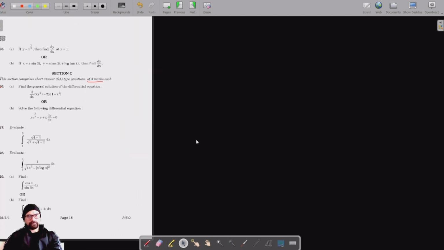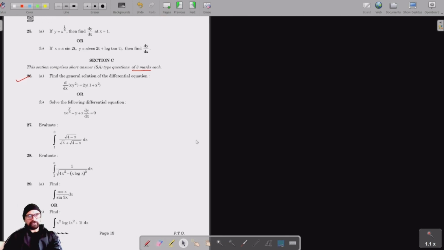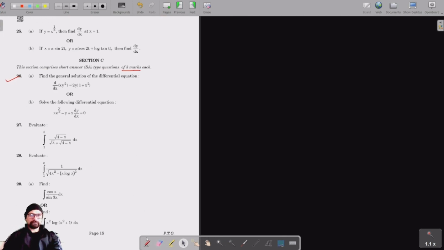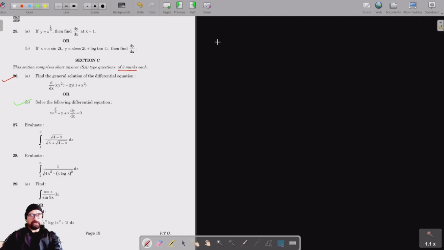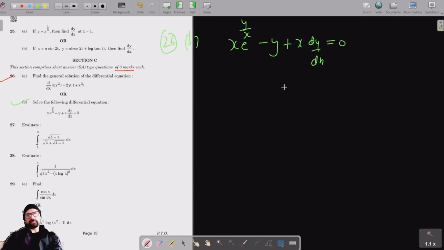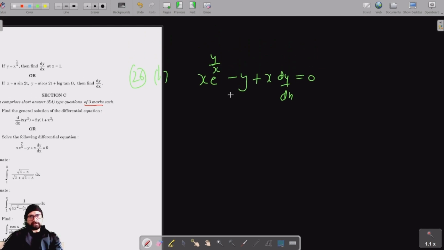For part B, we have to solve the differential equation, and the given differential equation, it's part B of question number 26, is x into e raised to the power y by x minus y plus x into dy by dx is equal to 0. And let's try to get it converted into standard form.